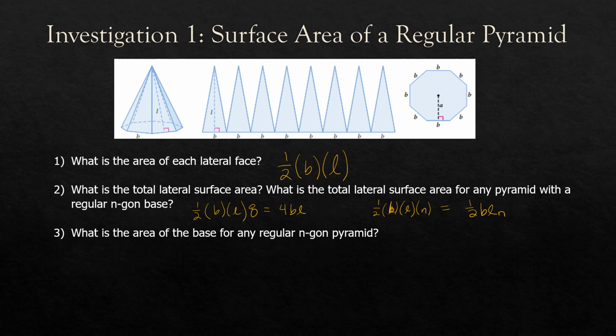Well, this is back a couple lessons ago, how we broke this base into triangles, and then we used the height of this little triangle, which we called A, the apothem, from the side to the center. So that came out to be 1/2 apothem times B, the length of the side, times n, the number of sides of that polygon.